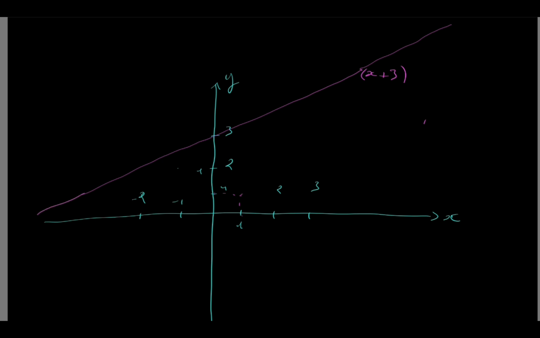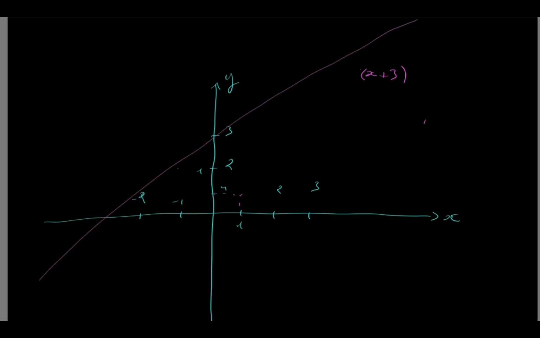Perfect. Now what do we know? We know that at plus or minus infinity, we go near x plus 3. So let's graph it in another way, which will be simpler to see. Okay, so this is x plus 3 here.